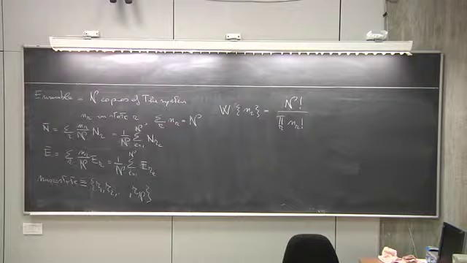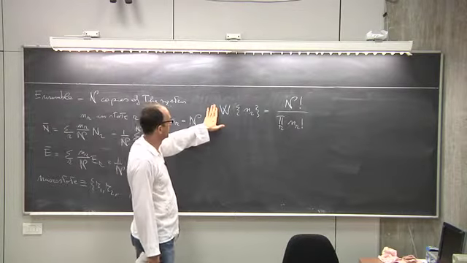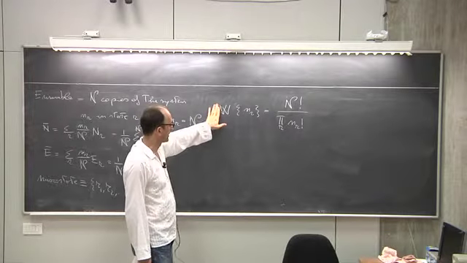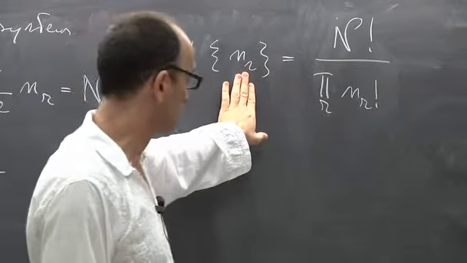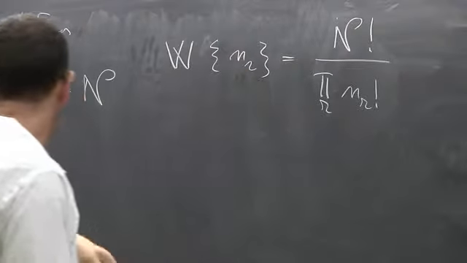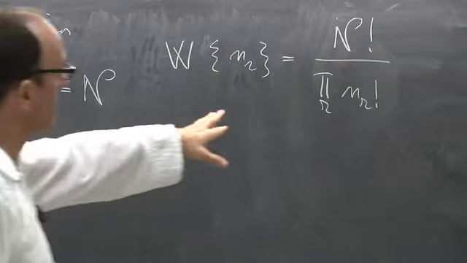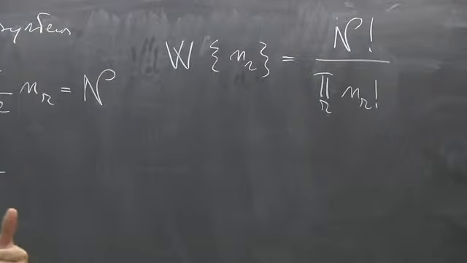Now, the important observation is that the number of microstates with a given occupation number in the space of all possible states of my system is given by this, and it is a huge number.